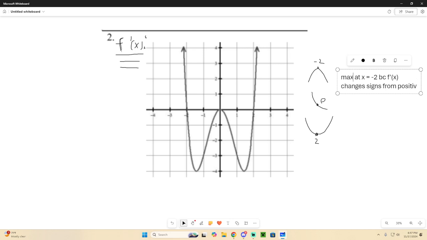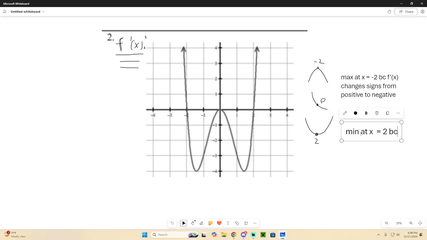I don't know why I wrote min, that's a maximum. And then we can also see there's a minimum at x equals 2, so min at x equals 2, because f prime of x changes signs from negative to positive.